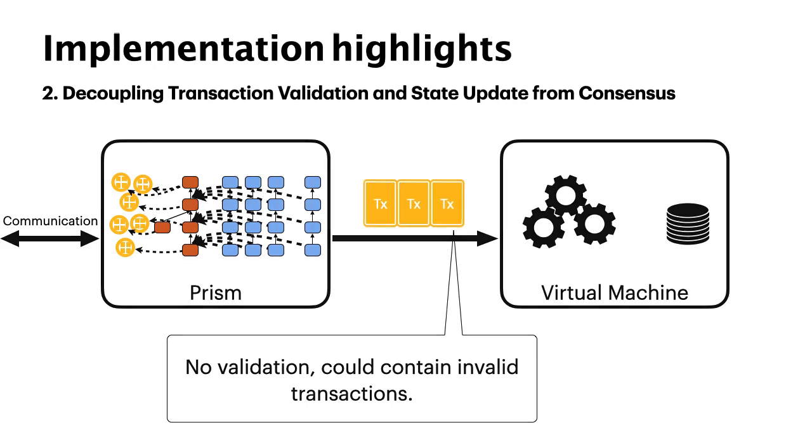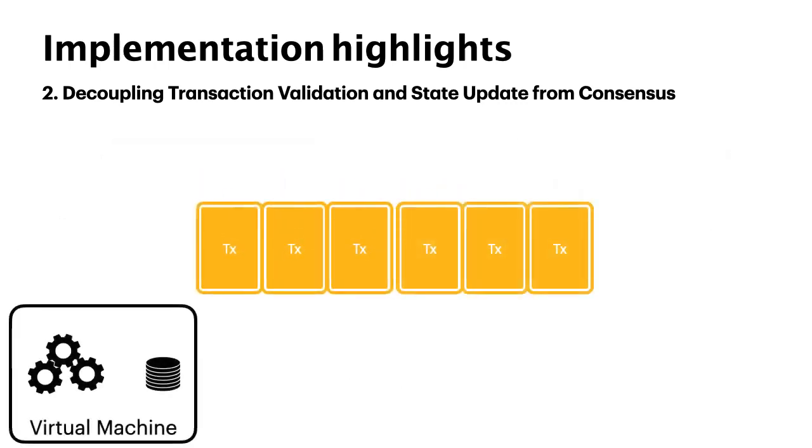Let's look at this very simple example. Say there are 6 transactions, and the first is valid, the second is not valid because there's not enough gas, the third is valid again, the fourth is invalid because of not enough balance, the fifth is invalid because of the wrong nonce, and the sixth is valid.